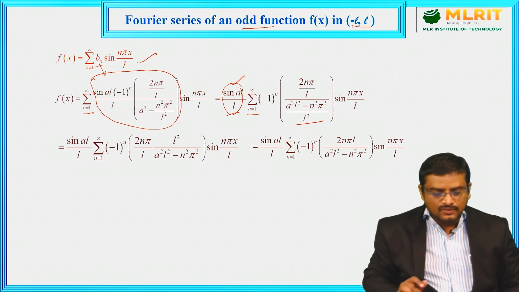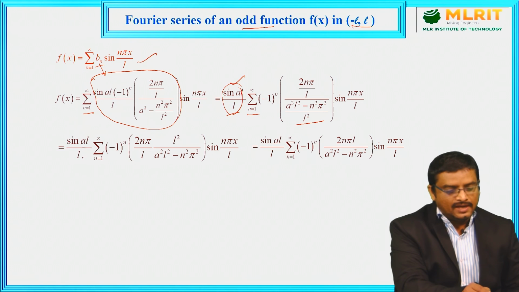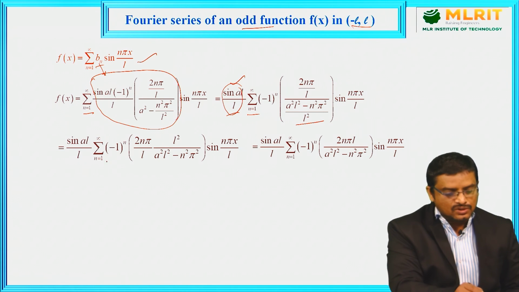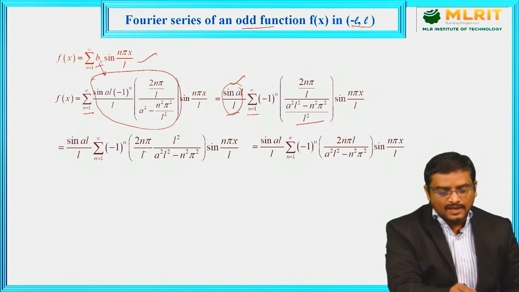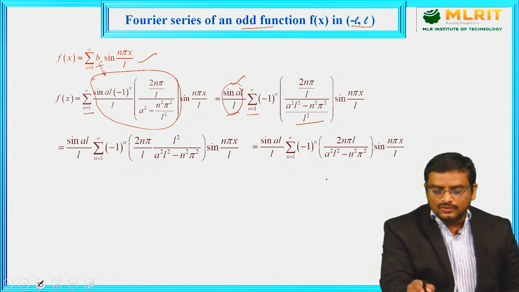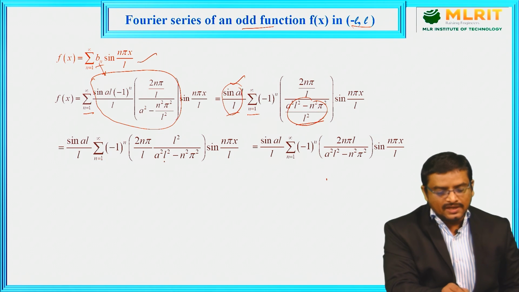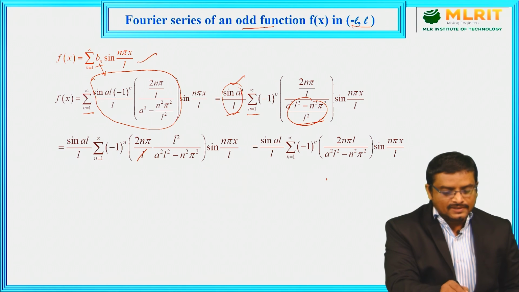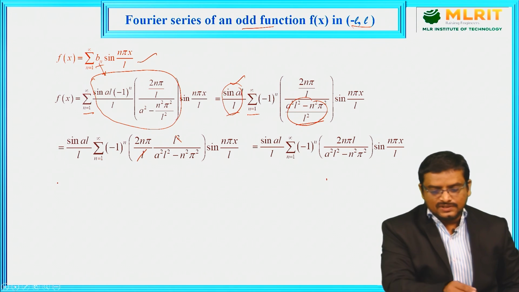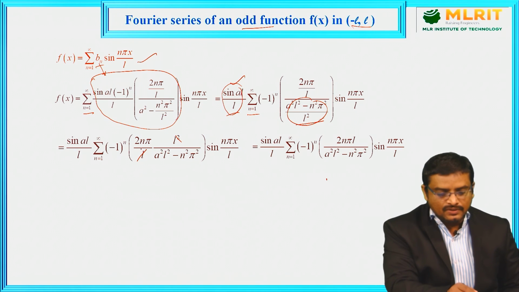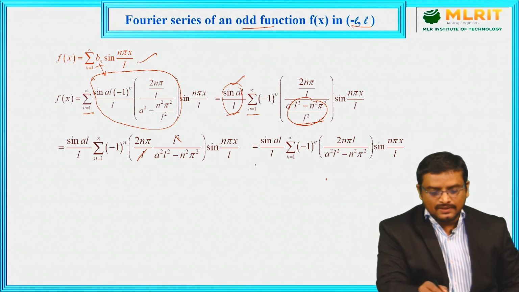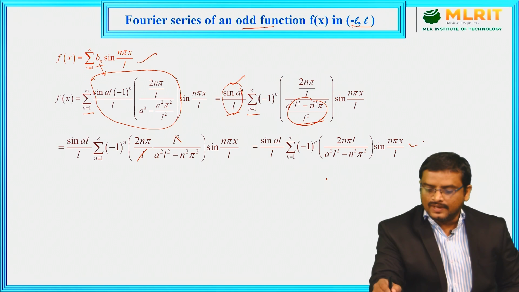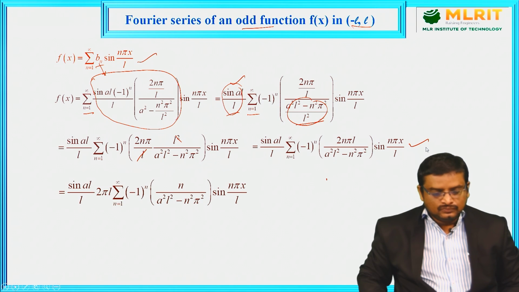So now simplify this. Finally you will get these values. Sin A L by L, summation n is equal to 1 to infinity, minus 1 whole to the power of n, sin n pi, L. Bring this denominator to the numerator. So it becomes L square by A square L square minus n square pi square. Here this L gets cancelled, and this L also gets cancelled. So finally you will get 2 n pi L by this denominator into sin n pi x by L. Okay.